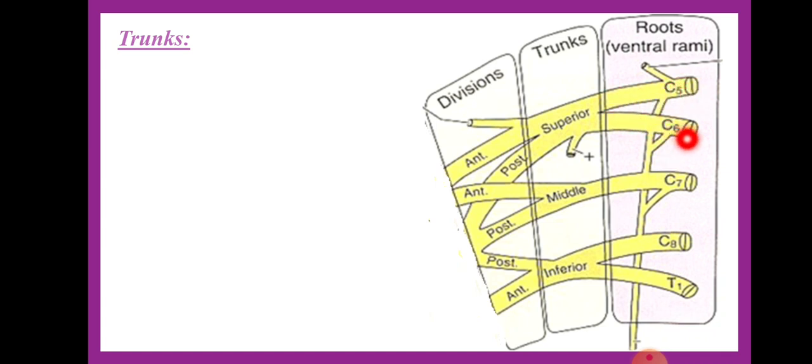C5 and C6 join each other to form the upper trunk or superior trunk. The C7 spinal nerve passes alone to form the middle trunk. C8 and T1 join each other to form the inferior trunk or lower trunk.